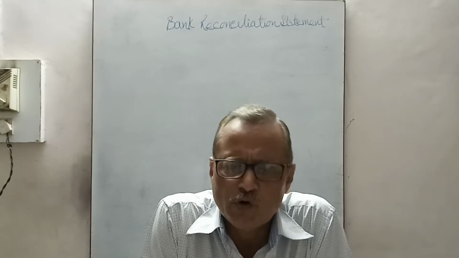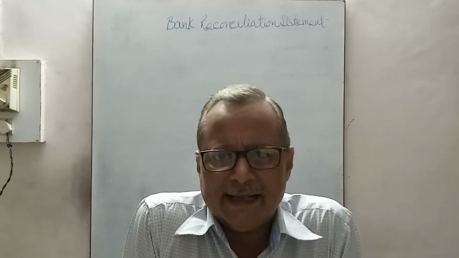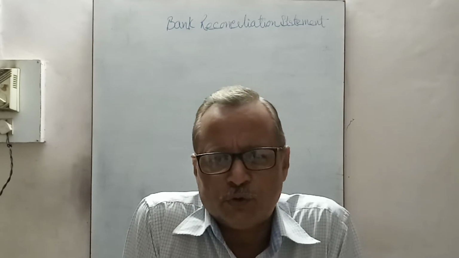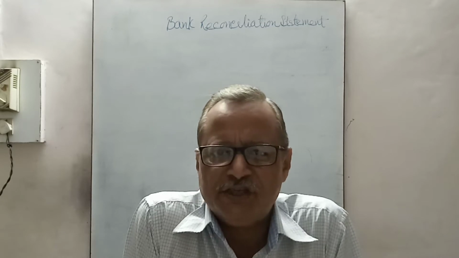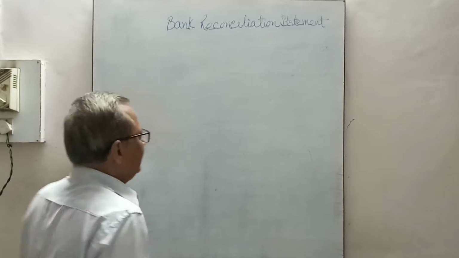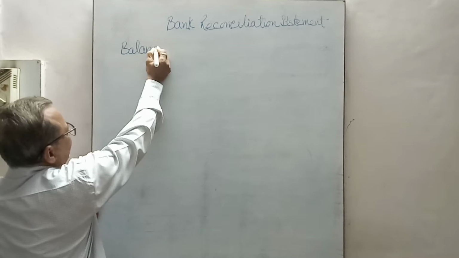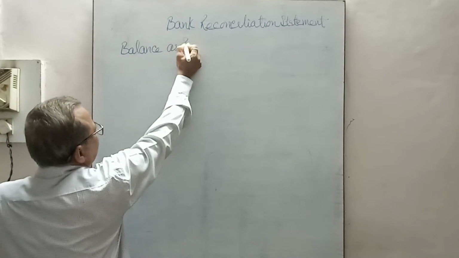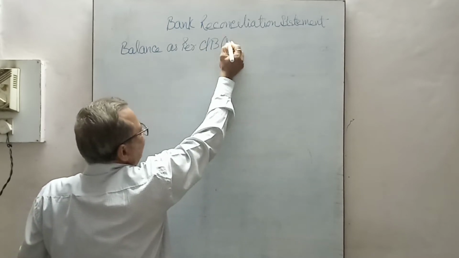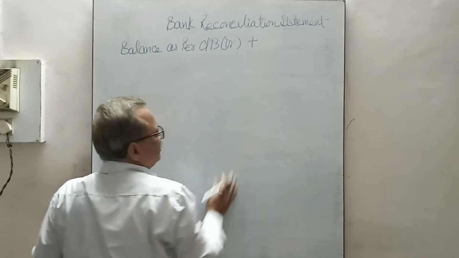As in your book, the method is given, that is plus minus or add or less. Now how to do the questions by using that method which is given in your book. One thing to remember: the balance as per cash book, which is called debit balance, always shows the positive balance.